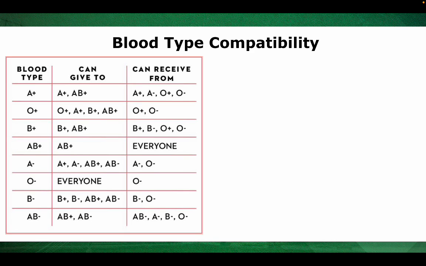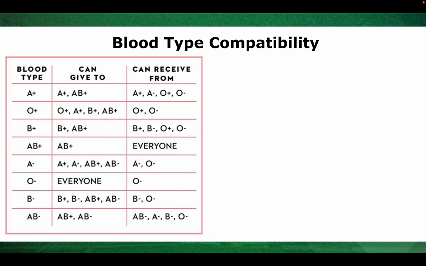Type A has A antigen, type B has B antigen, type AB has both A and B antigens, and type O has no antigens. Number two is the Rh factor. Rh positive means the D antigen, capital D, is present. Rh negative means no D antigen is present.